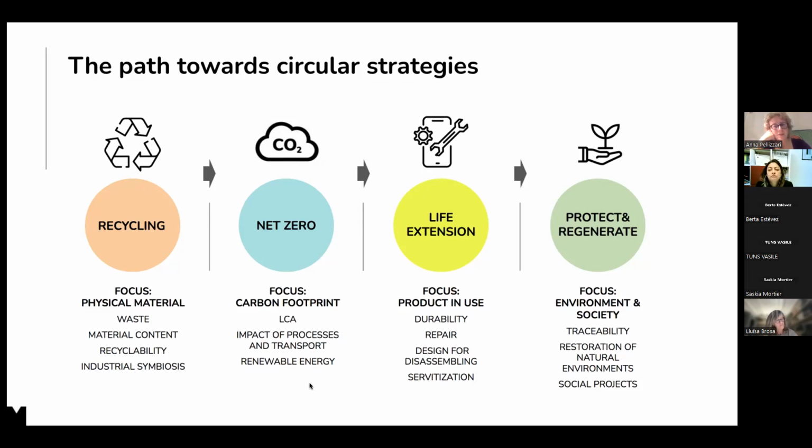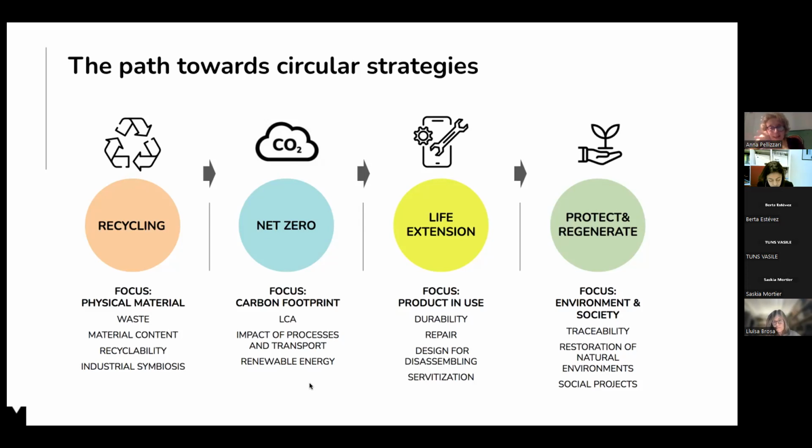There are some interesting cases of servitization strategies that are applied also to disposables, so moving from disposable goods to durable goods that are provided as services. So when we talk about life extension, we talk about the durability of repair, design for disassembling, and servitization.